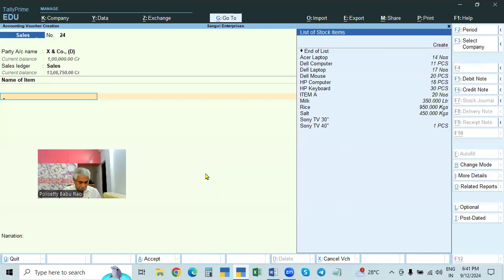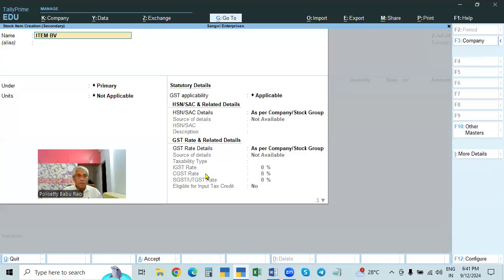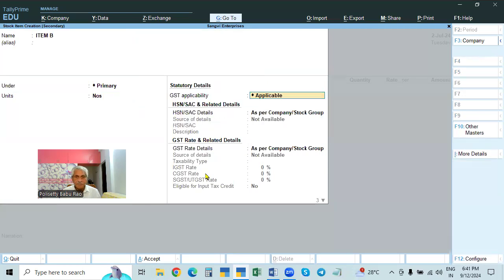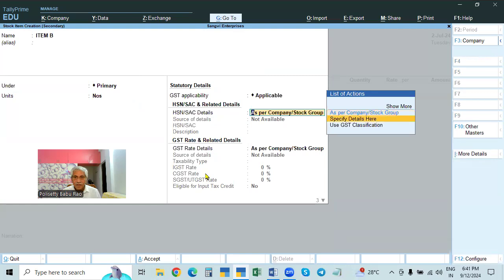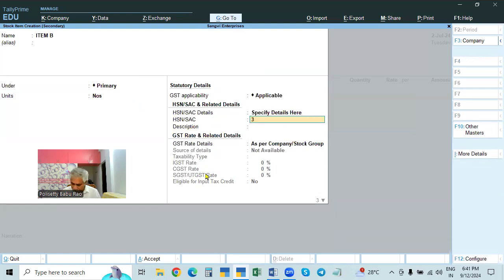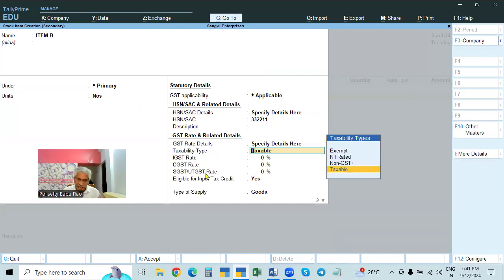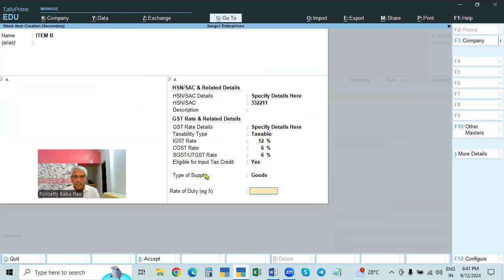For example, we take item B, and specify the details here, taxable. Whatever it may be, 12% or otherwise, we take the percentage of the tax.